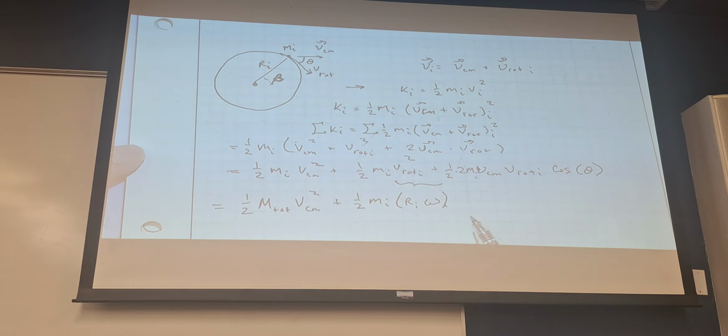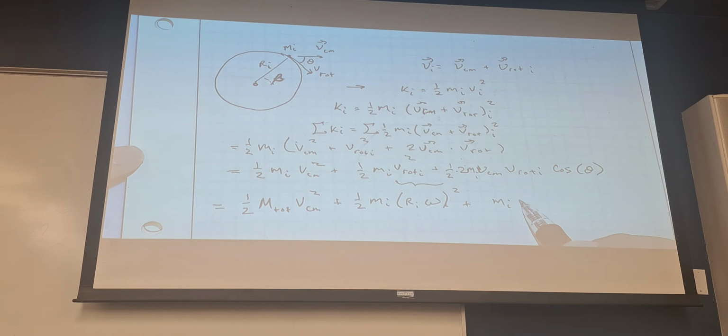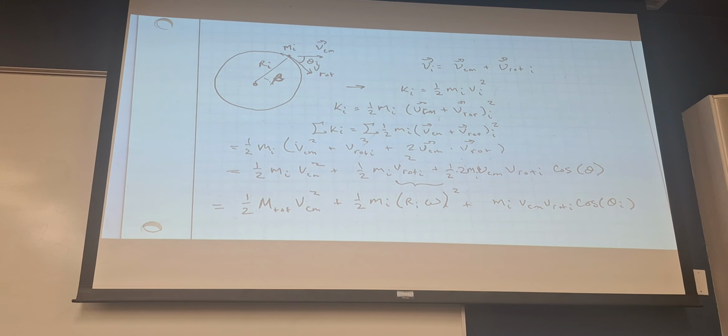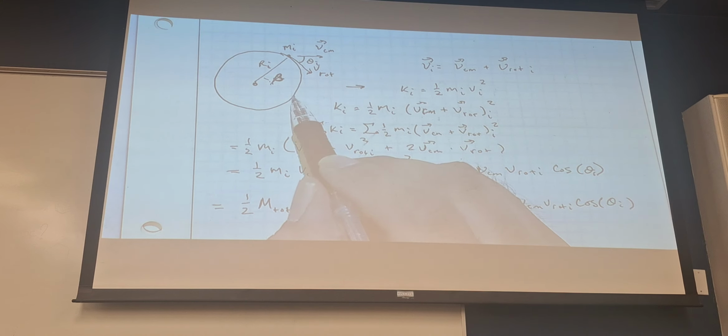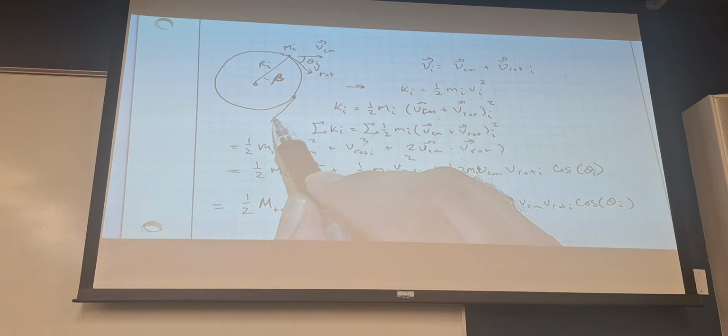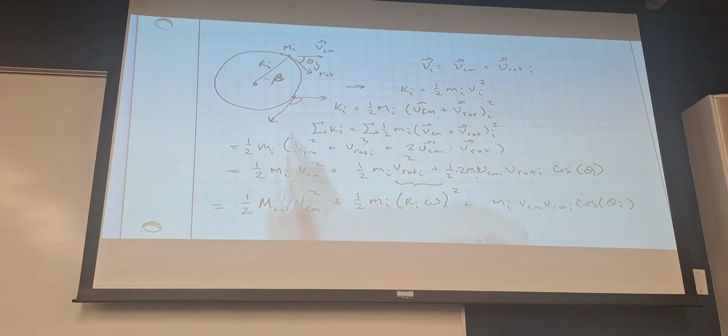So this would just be omega squared plus m_i V_CM V_rot,i cosine. In fact, this would be an i as well, theta_i. The reason why it's theta_i is because you could look at a component here, right, and its angle is this way, and this would be a different theta, right?